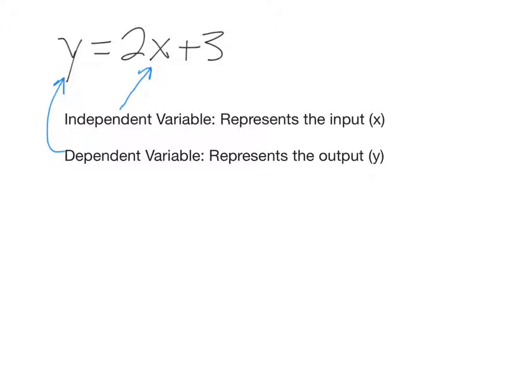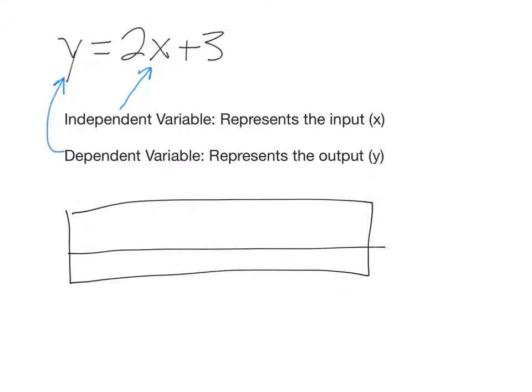And we can use this rule to make a table. If I wanted a table of x and y values, and we'll just do 4 here, 1, 2, 3, 4 going across.